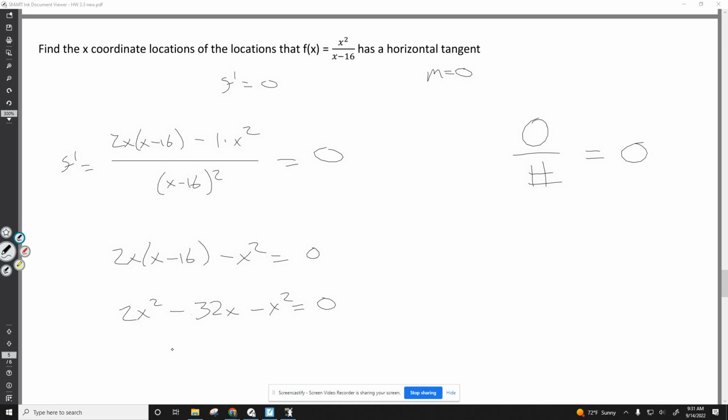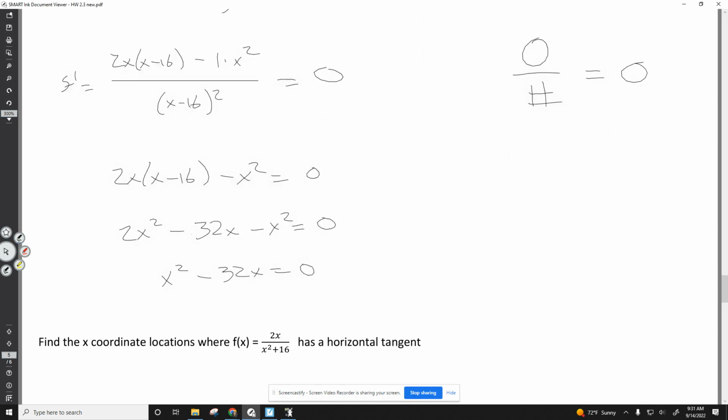I have this, which simplifies to be x squared minus 32x, which is equal to 0. I'd factor. That's the easiest thing to do. And I get two easy solutions, one being 0, one being 32.